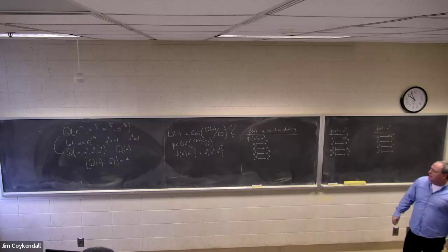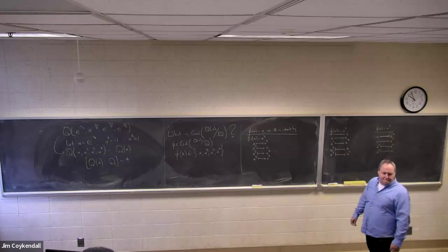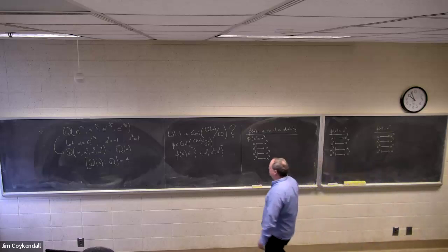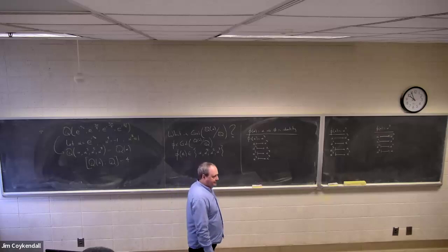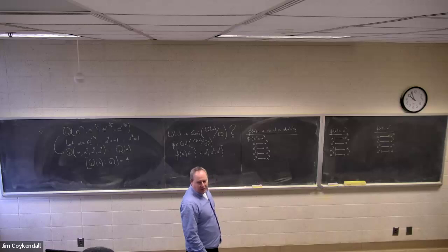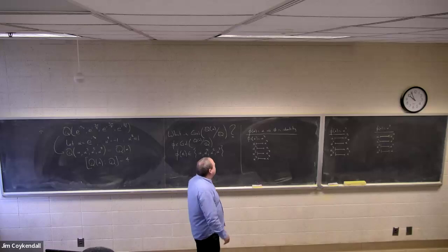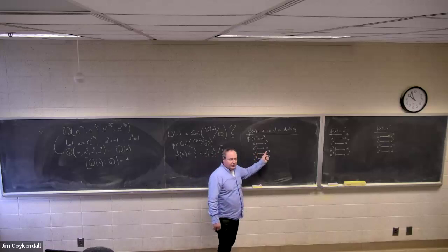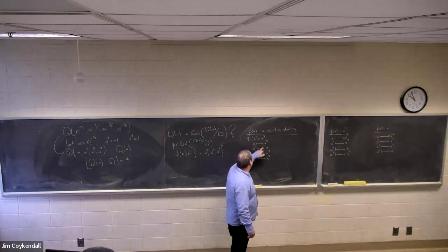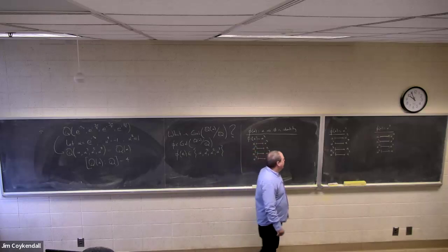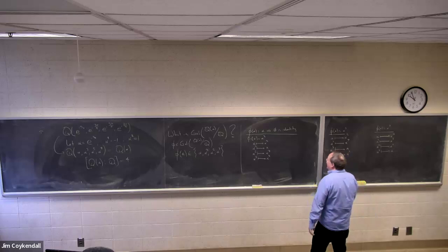What's the Galois group here? With order 4, it can only be cyclic of order 4 or Z2 cross Z2. Notice that every one of these automorphisms has order 2. You compose it with itself, alpha to alpha cubed and back to alpha. It just does a swap.